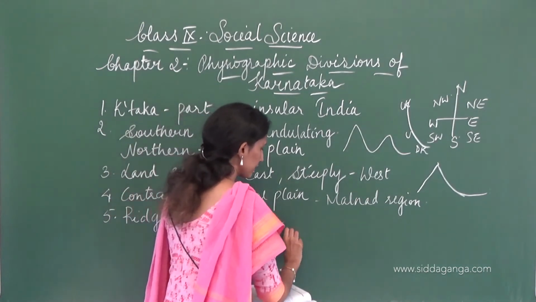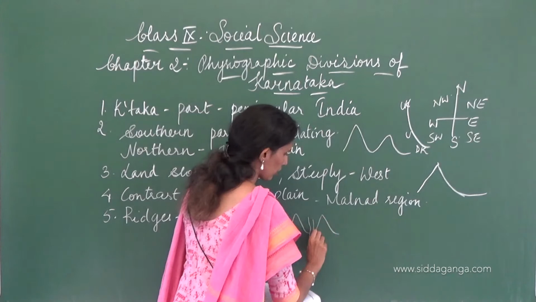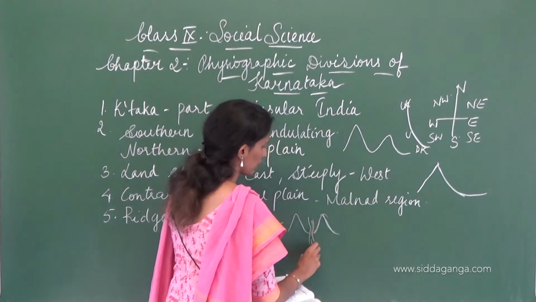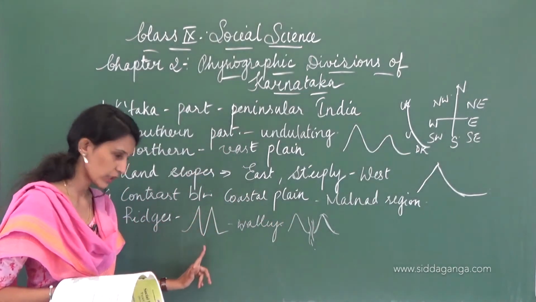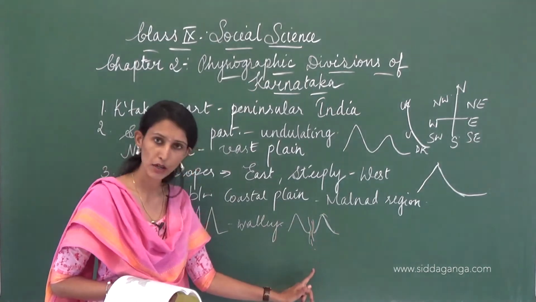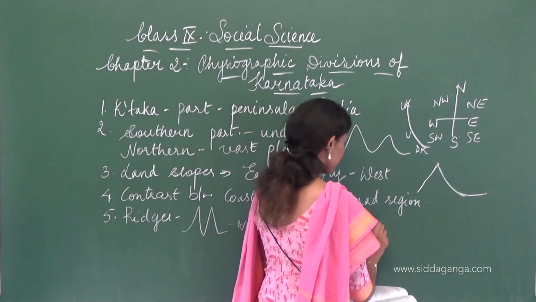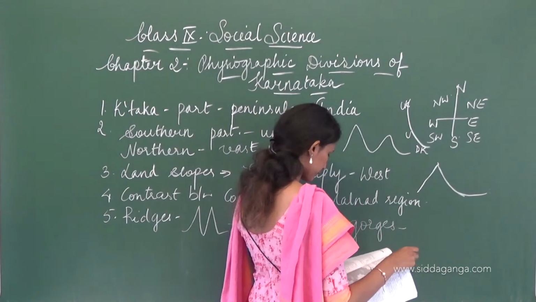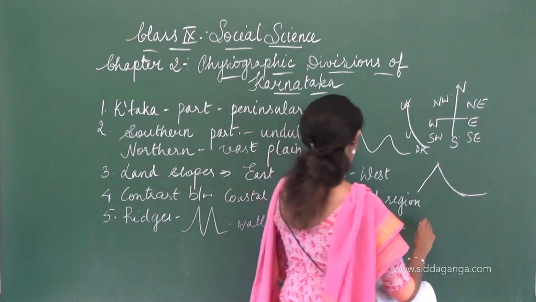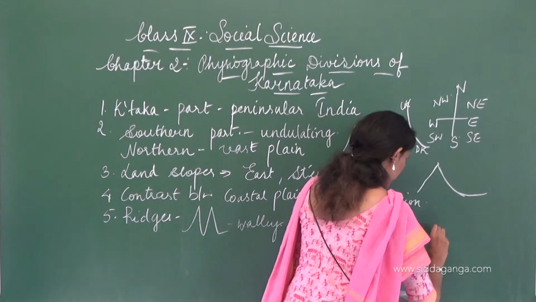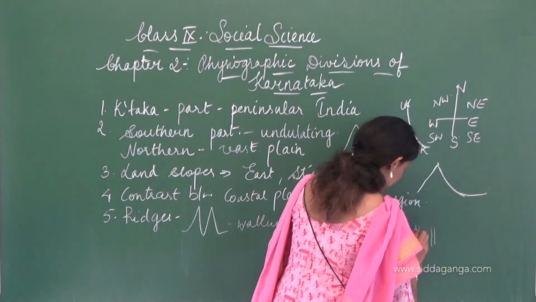Now what are valleys? There is a river or a stream flowing here. Ridges are there, and in between them the valleys are going on, with small stream water, and gorges. Now gorges are narrow valleys between the hills.